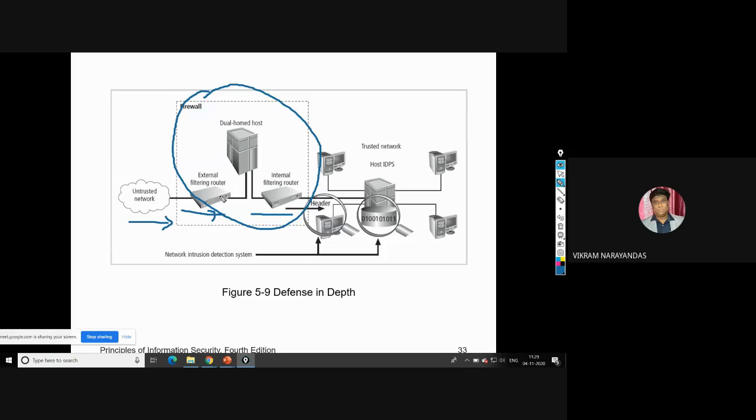If the packet is trusted, then it enters the internal packet filter router. Like that, you can configure your own trusted network or trusted firewall in your organization.